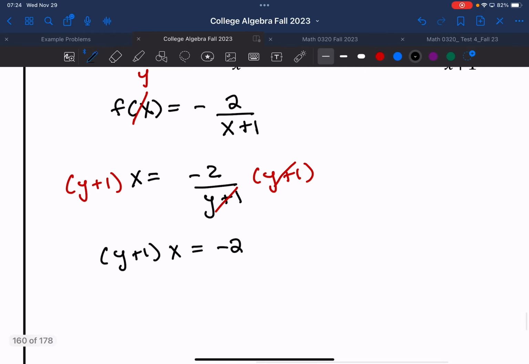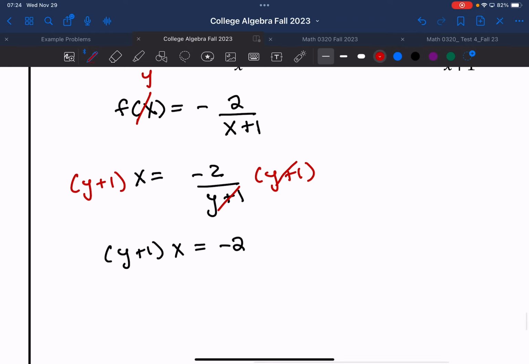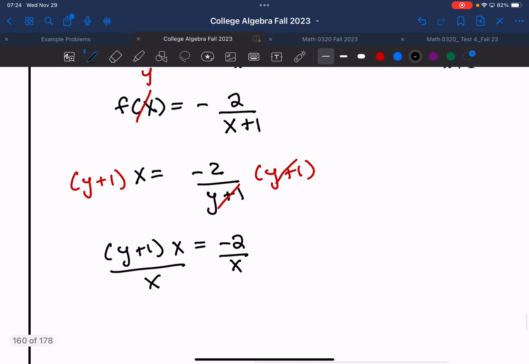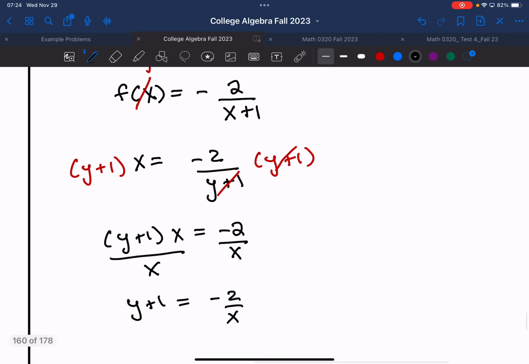Again, remember, we're trying to get y by itself. Would it be ideal if we distributed that x? No, because then we're going to have an xy, and we're just going to have to deal with that x later on too. But we could divide the other side by x to move x over. So divide by x, and we get y plus 1 is equal to negative 2 over x.